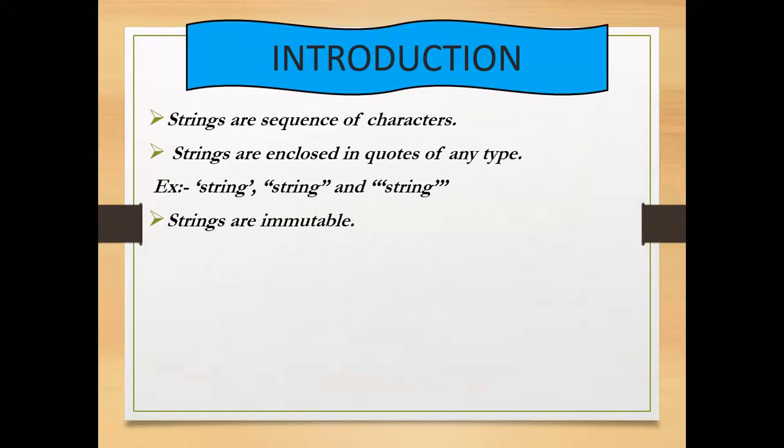You can add, for example, like we had learned concatenation. Okay, so you can add values to a string, but you cannot change the existing one. Whatever is there existing, it will always remain the same. So if I have a string called apple, I can change it to apples by adding an s at the end, but I cannot change it to bananas.